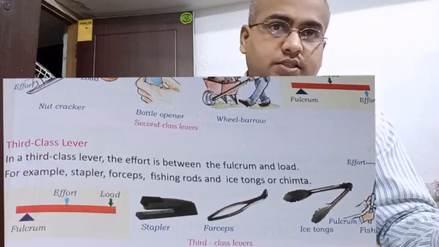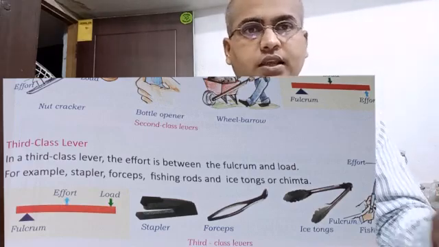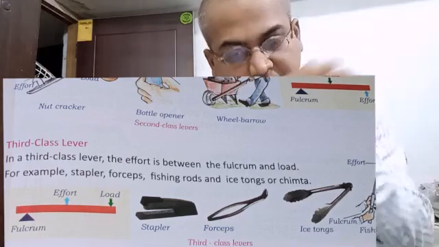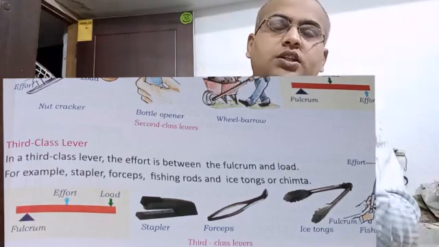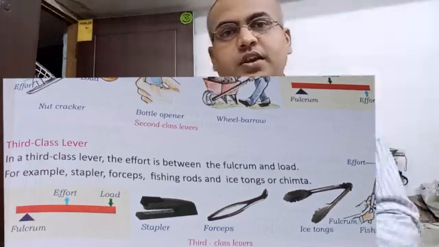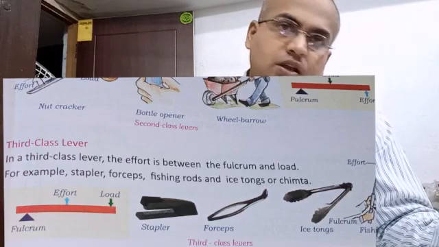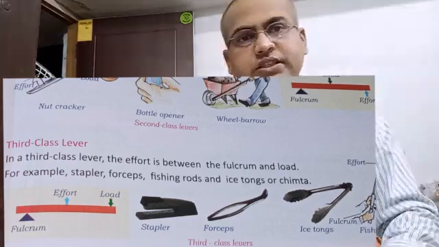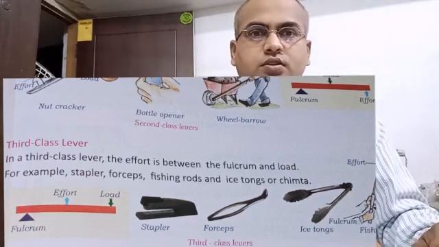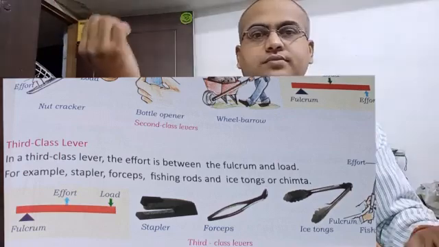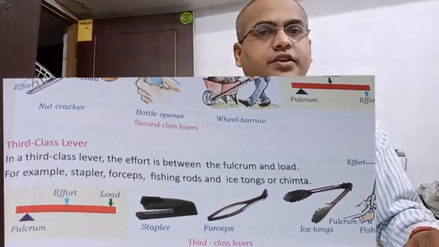Now comes the next thing, that is the third class lever. In the third class of lever, the force is in the middle position. The effort or the force is in the middle position, and one side fulcrum, one side load or the weight we have to carry. The example of this is a fishing rod. In a fishing rod, the end point takes the weight of the fish.